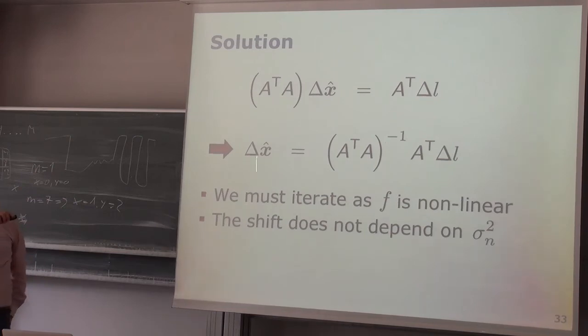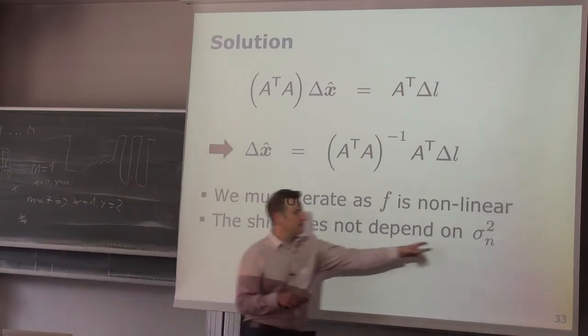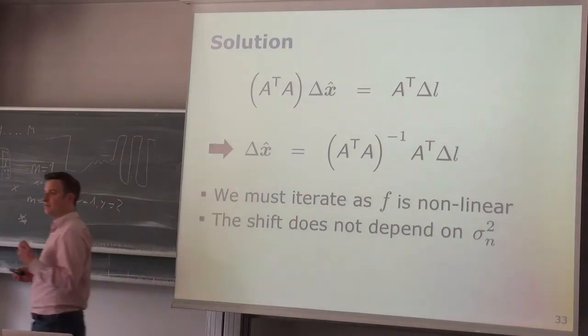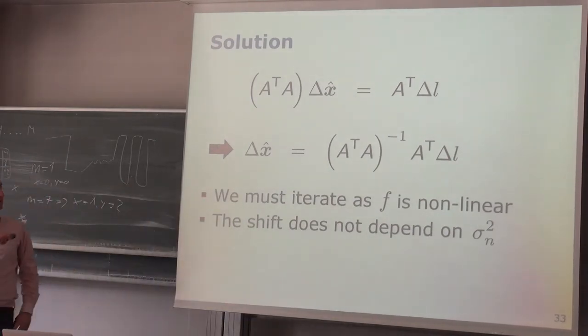One thing to note is that this shift does not depend on the noise that I have in my image function. Independently of the noise in my intensity values, I obtain the same result for the shift.